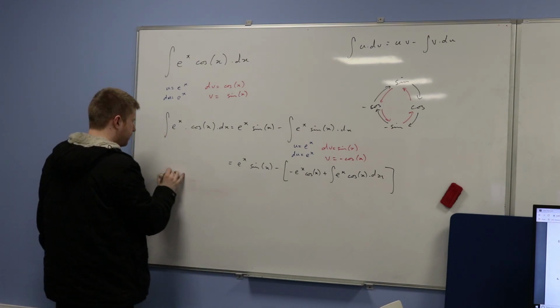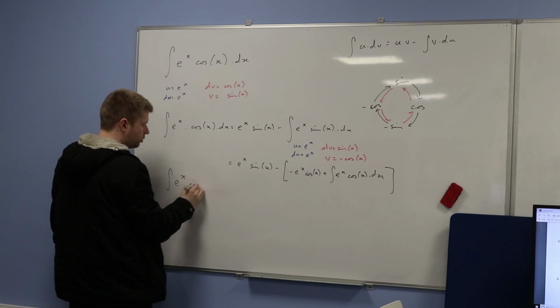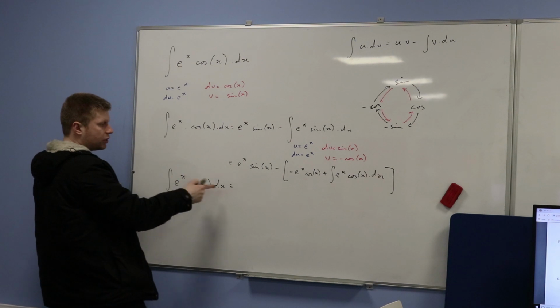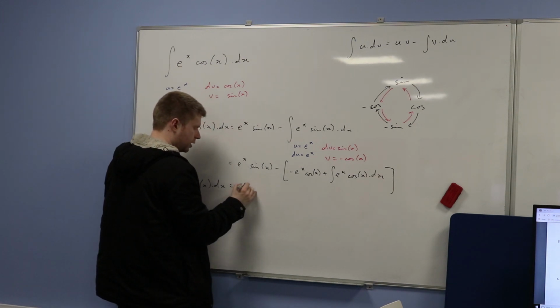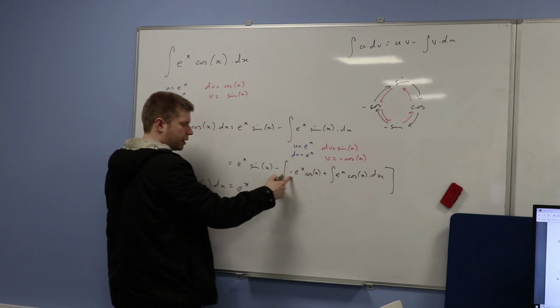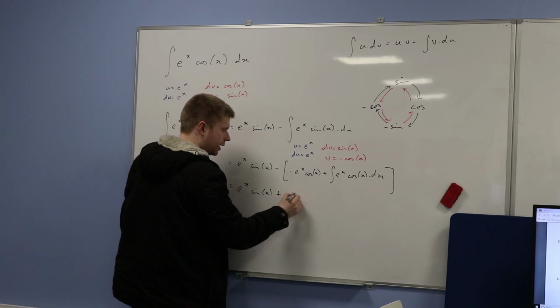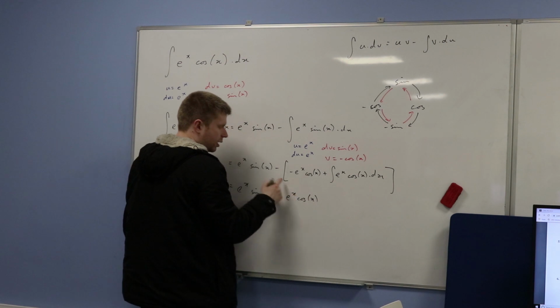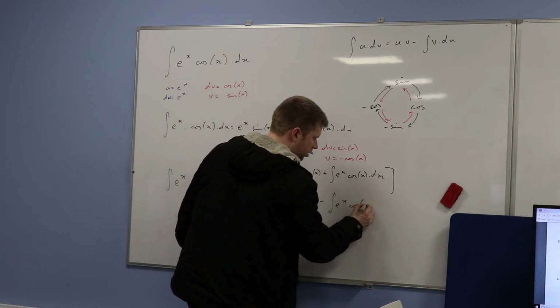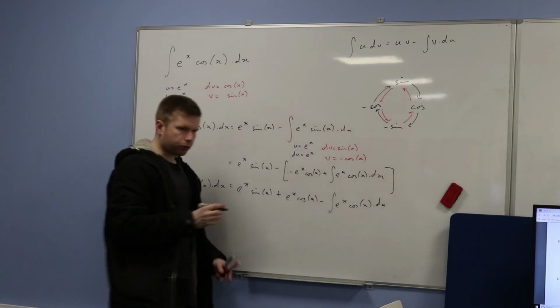Okay, so we have the integral of e to the power of x times cosine of x. At the moment, what we're up to, this thing should be equal to e to the power of x sine of x, minus all of this is going to become plus e to the x cosine of x. Then you're taking away this as well, the integral of e to the power of x cosine of x with respect to x. Now just pause for a second.